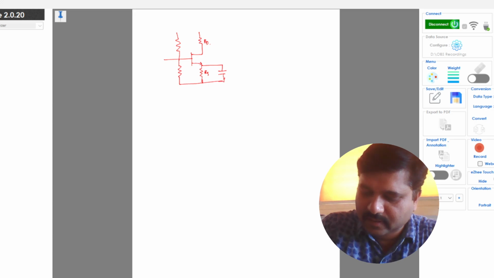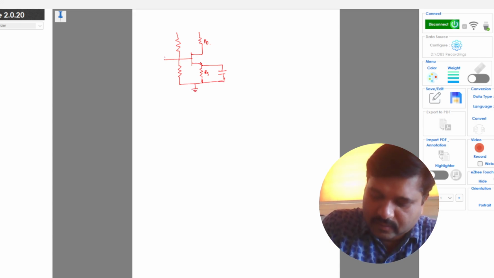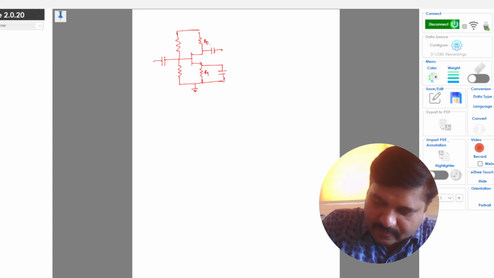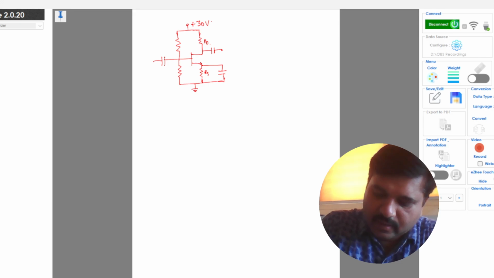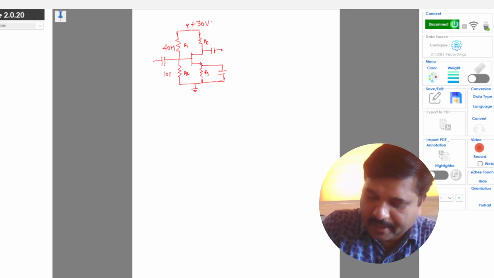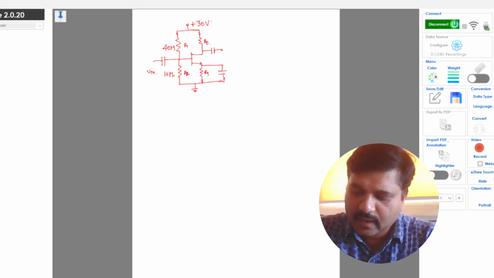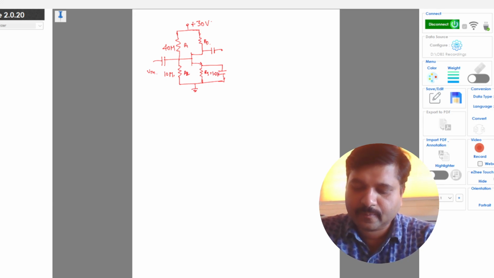So this is the input capacitance, this is the output capacitance, and this is VDD. We will take this as plus 30 volt, R1 as 40 mega ohm, and R2 as 10 mega ohm. This is V in.